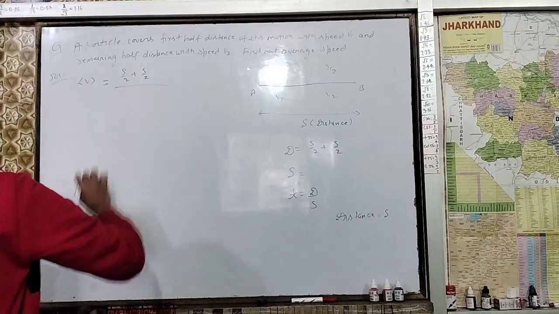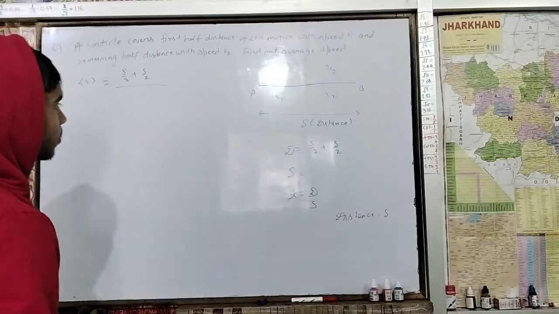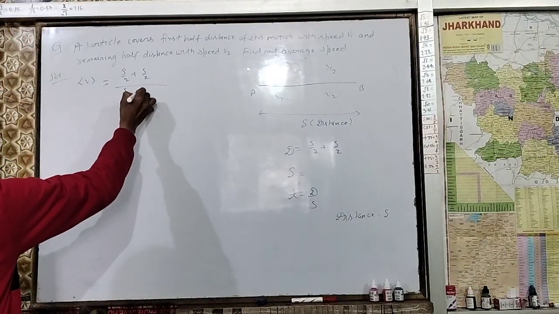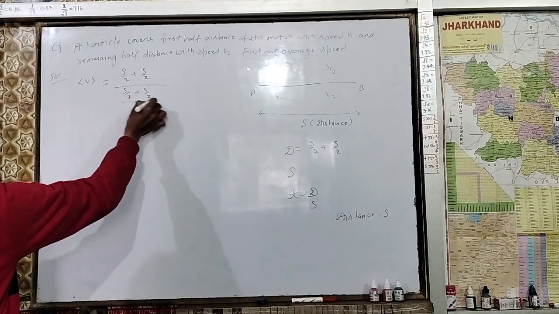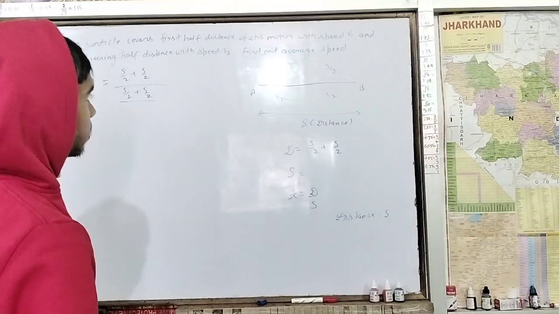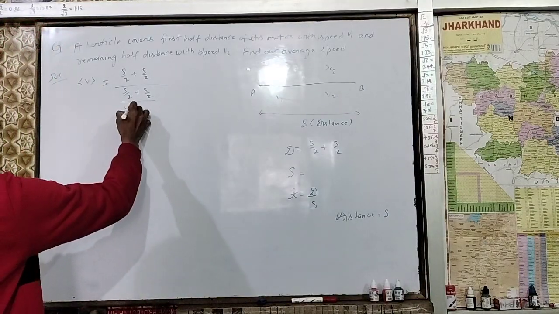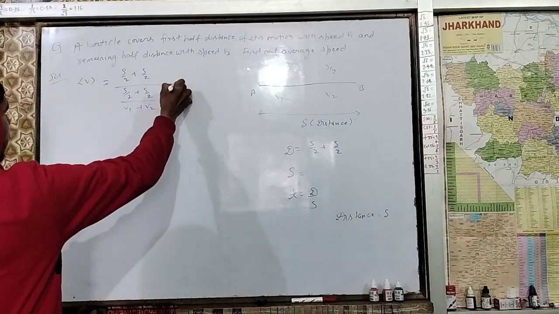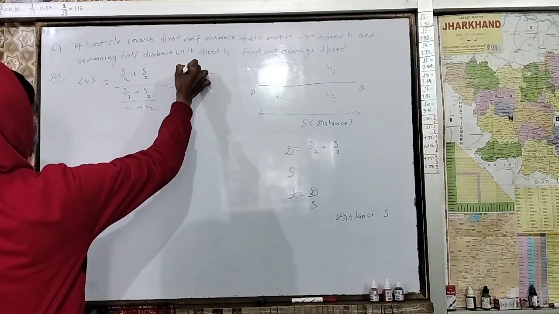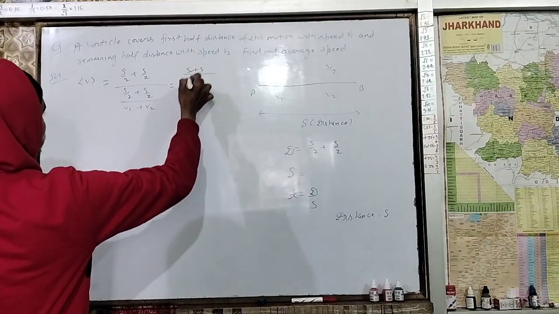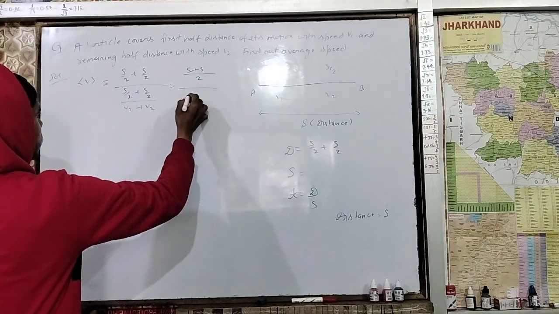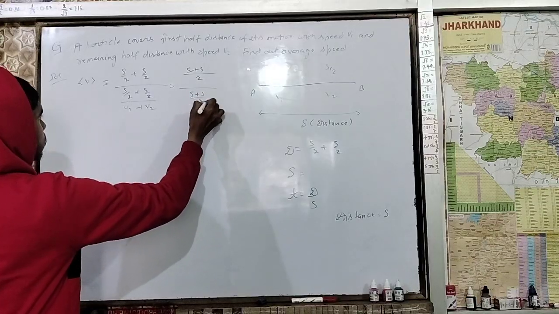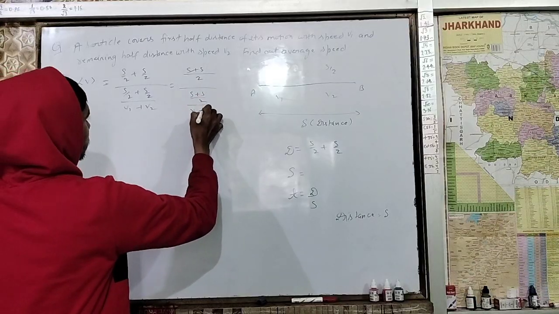Now, time is nothing but s upon 2 plus s upon 2, upon the speed, where the speeds are v1 plus v2. Can you write this as 2s plus s, again s plus s upon 2 upon v1 plus v2?